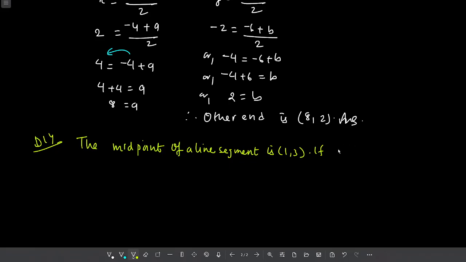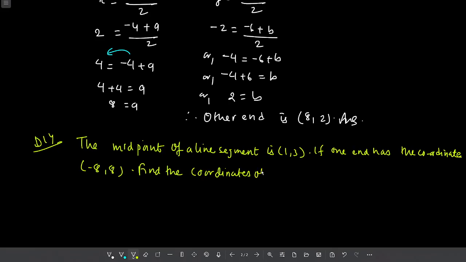If one end has the coordinate minus 8, 8, find the coordinates of the other end. Do this question. It is similar to the previous question.